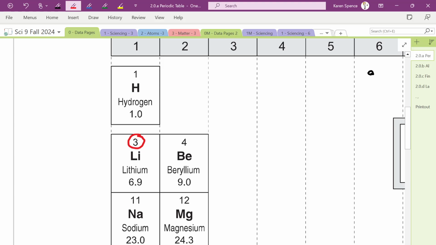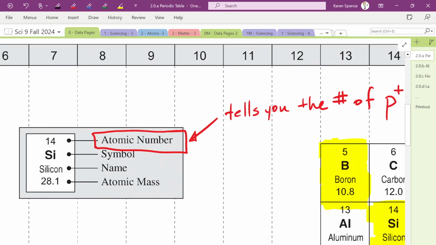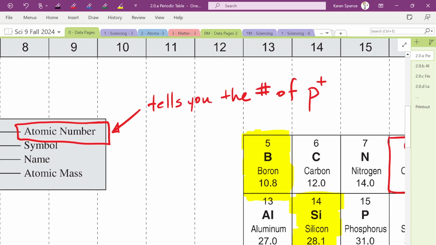Do you remember what that number at the top tells us? It's the atomic number, and the atomic number tells you the number of protons. So if you want to write that on your periodic table, you can: the atomic number tells you the number of protons.